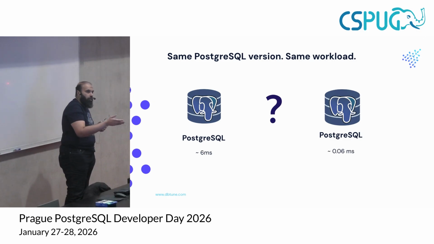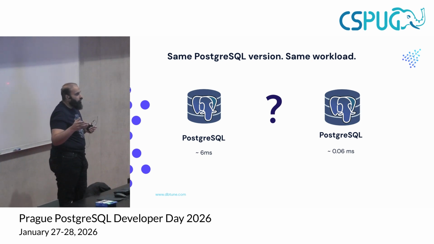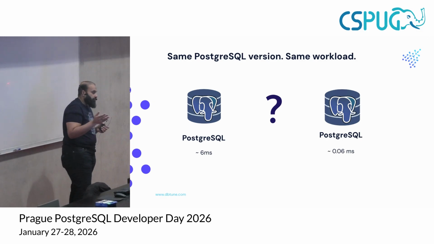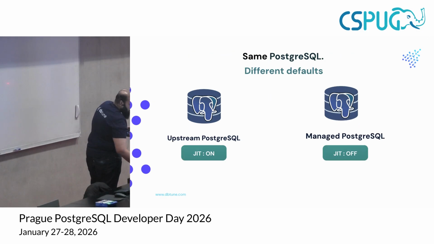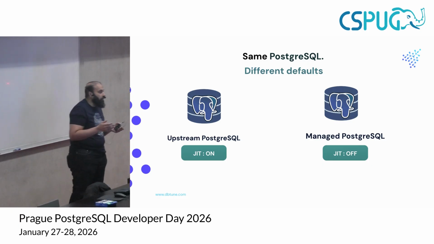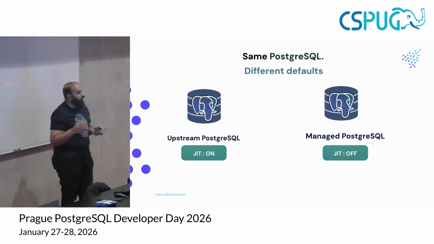But what we saw was that on one, we were getting a 6 millisecond average query runtime, and on the other, we were getting 0.06 millisecond. So that's like a 100x difference. Why? Because on one, the just-in-time compiler was on, and on the other, JIT was off. So that's the puzzle we are going to solve.